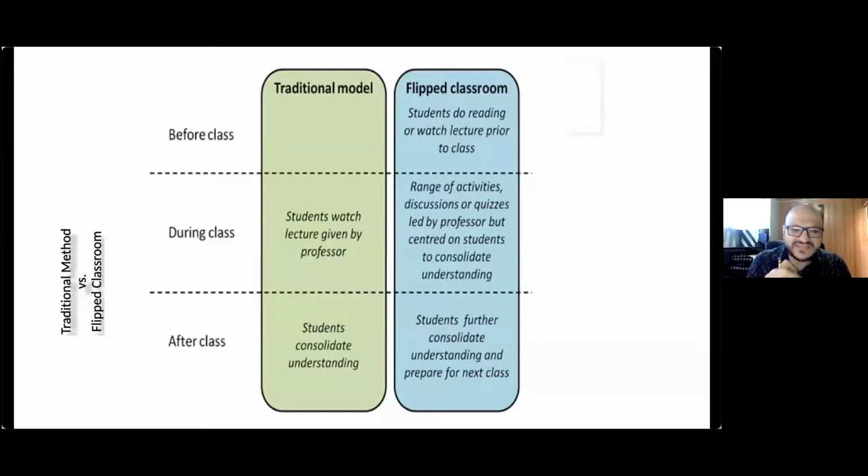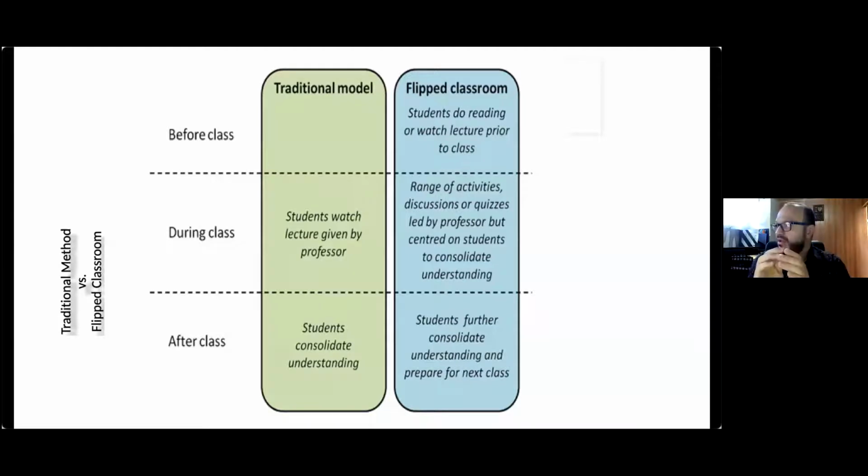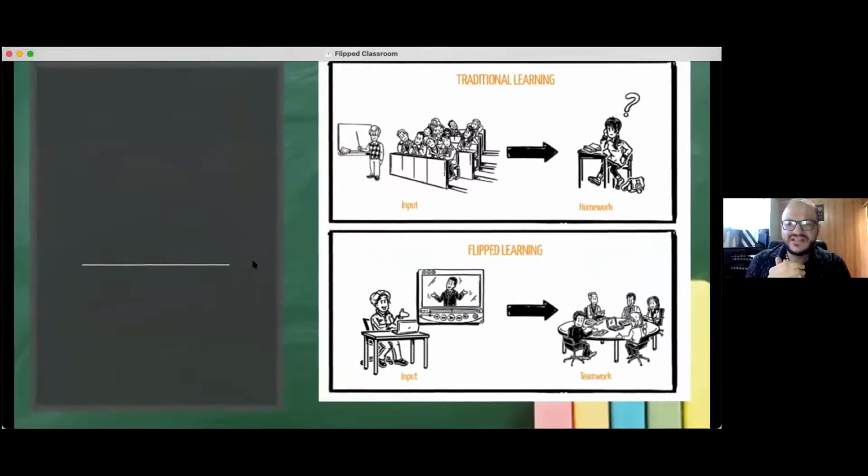After class, students in the traditional model consolidate their understanding. But in the flipped model, students further consolidate understanding and prepare for the next class. So they really do more. Students have to work a little bit more, but it has to be in a different way, not the traditional. So it is different for them and it is more attractive. Can we pass to the next slide?